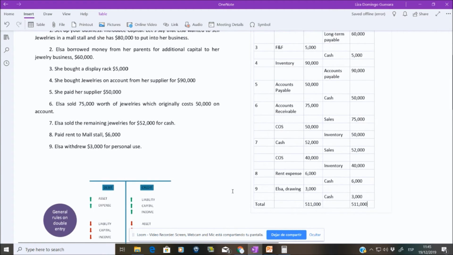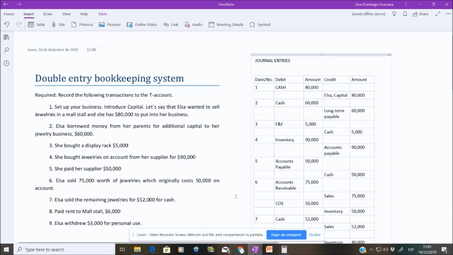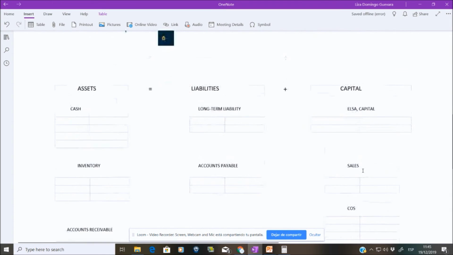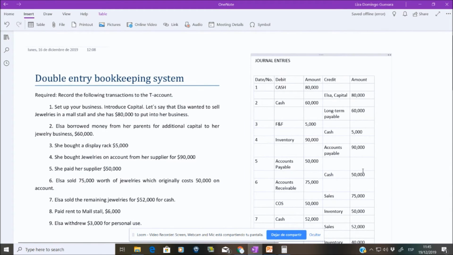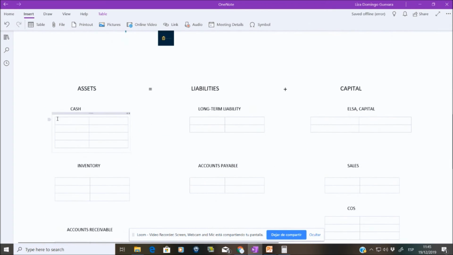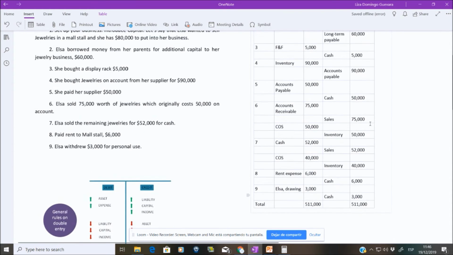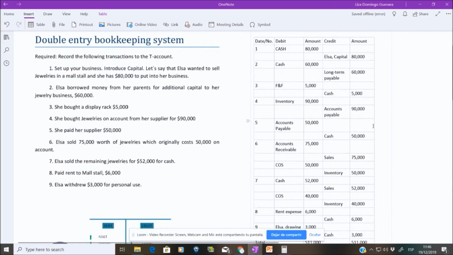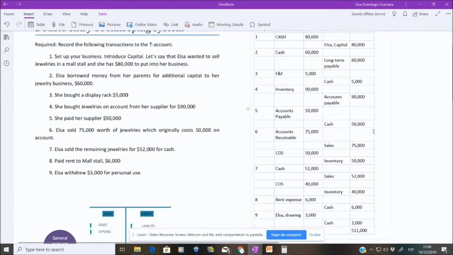So after we have done the journal entries, we are now going to post all of these to our ledger accounts. So let's go to our ledger accounts. So number one, we have debited cash and credited Elsa Capital in the amount of 80,000. Next, we have debited cash and credited long-term payable 60,000.